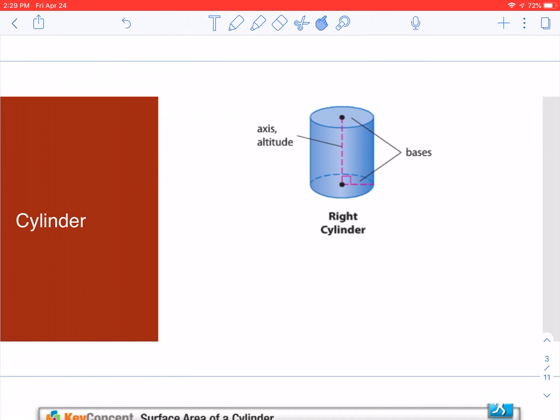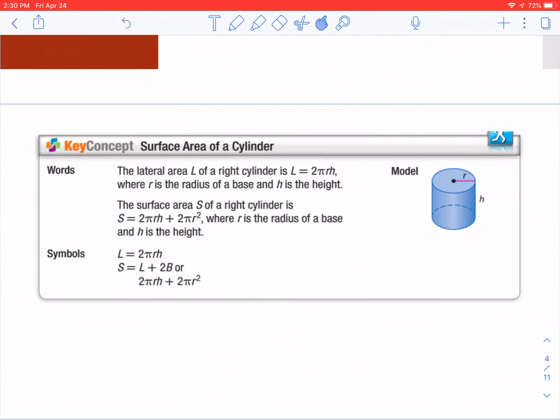We have our two bases, which are the circles, and we have the altitude, which is also the distance between the two bases, the height. It forms a 90-degree angle with the radius. Here's how we find the surface area of a cylinder.